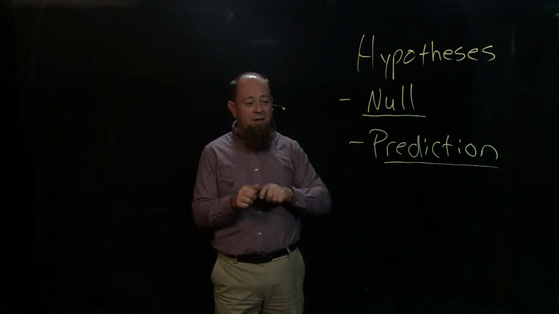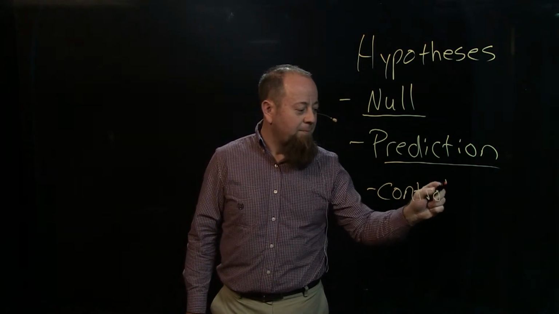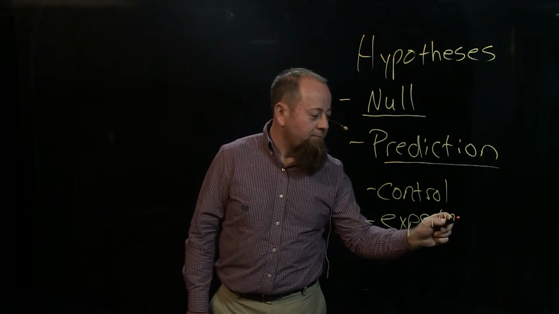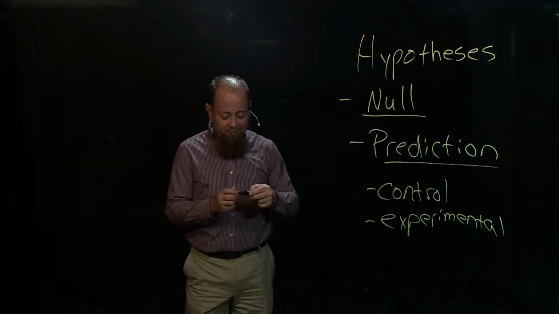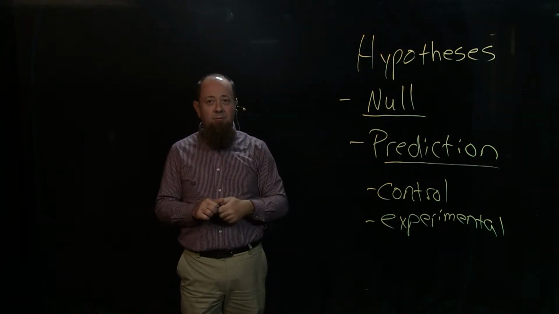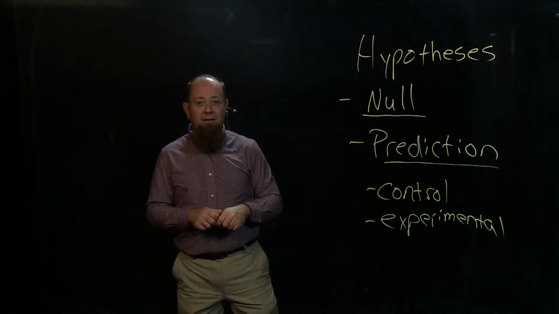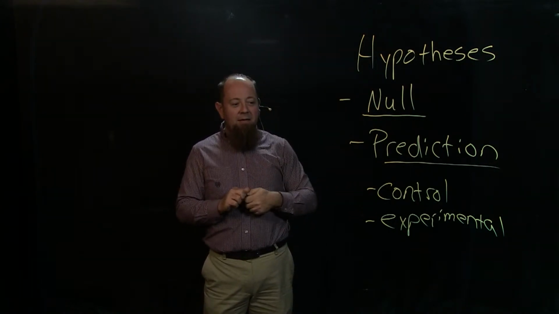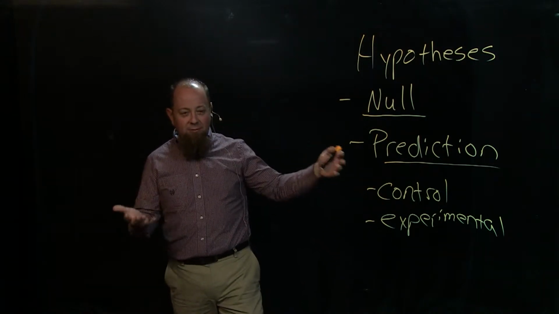And so you may have a control group, or you certainly will have a control group, and an experimental group. You're going to use one to compare to the other. The control group, of course, will not have the treatment that you're testing, and then the experimental group will have the treatment, as I mentioned before, which could be the herbicide application or whatever.